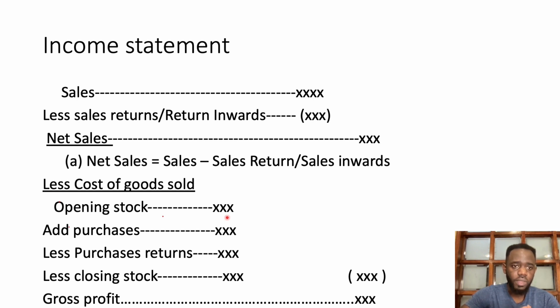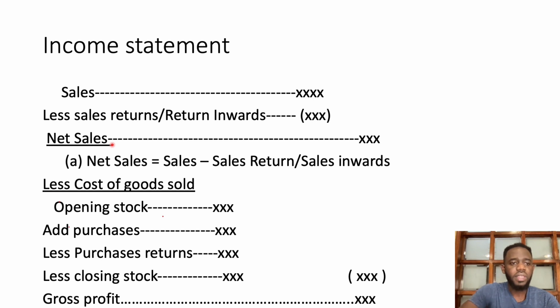So, from the baseline, before we arrive at net sales, I want us to know how we actually arrive at these net sales. Assuming we have a business and this business is a bookshop that sells accounting for lawyers textbooks.